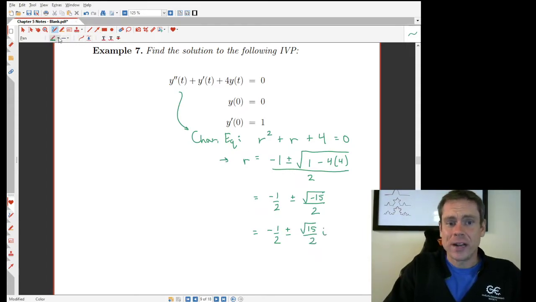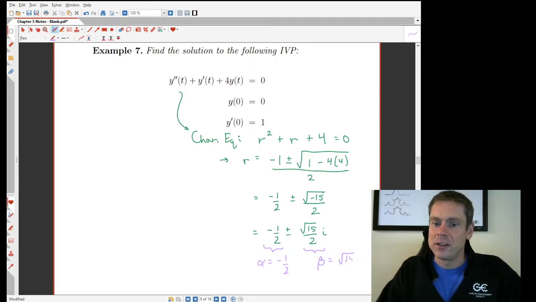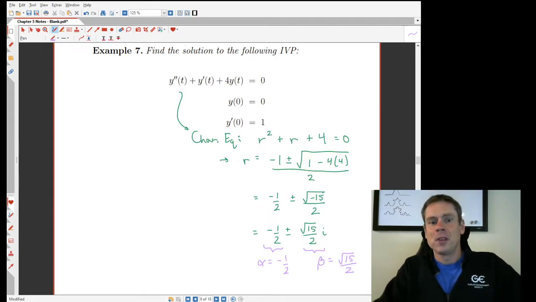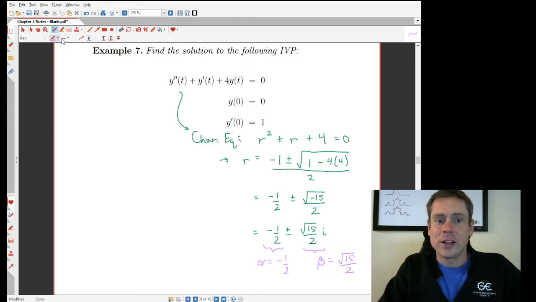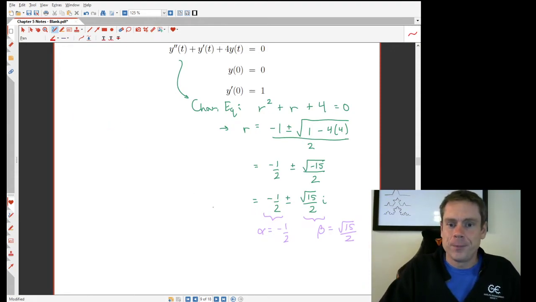It's important to write it like that because using the language from the last page, minus 1/2 is going to be our alpha, and our beta is going to be the root 15 over 2. So those are going to be critical in figuring out what our solution is. Now, if you know what to expect, writing down that solution isn't bad. So I'll take this, go up, and we'll write down the general solution.